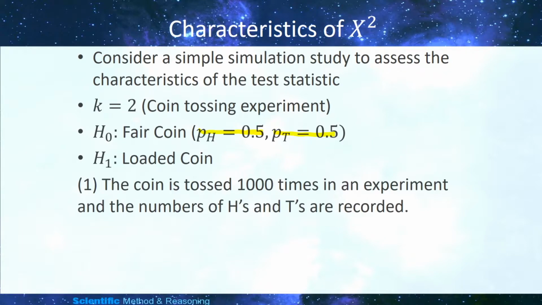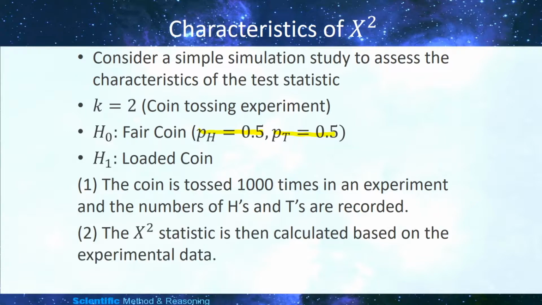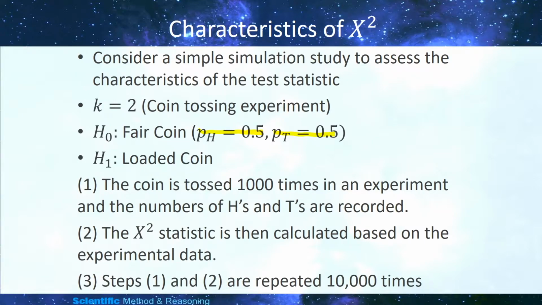The simple experiment is that the coin is tossed 1,000 times, and the number of heads and tails are recorded. The chi-square statistic is then calculated based on the experimental data, and steps 1 and 2 are repeated 10,000 times in this simulation.